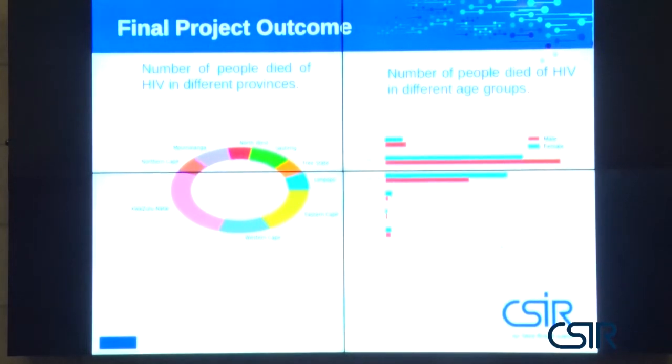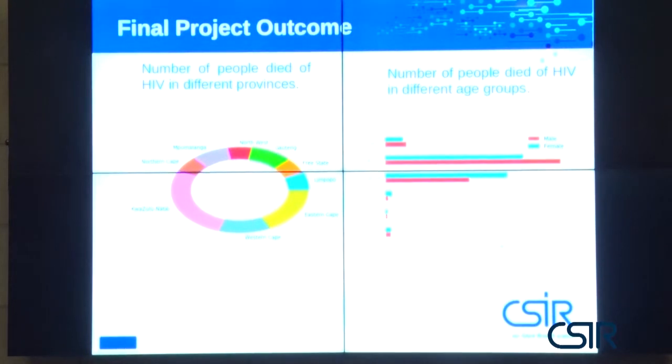This can also help the Department of Health in seeing the provinces that need access to healthcare. Also, we looked into different age groups. As you can see, this disease is most dominant in the age group of 36 to 59.